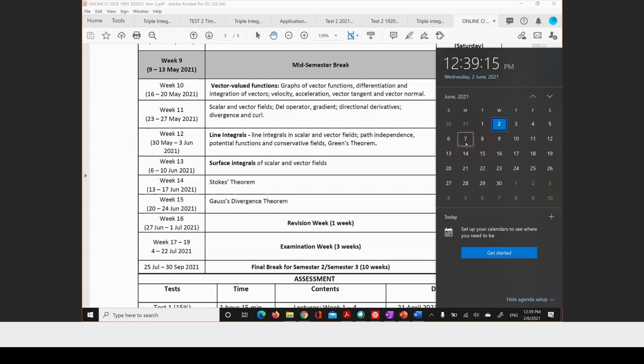Next week, say on Monday or maybe Thursday. Thursday night, is it okay? You can also do it on Wednesday night next week, the 9th, or Thursday night.